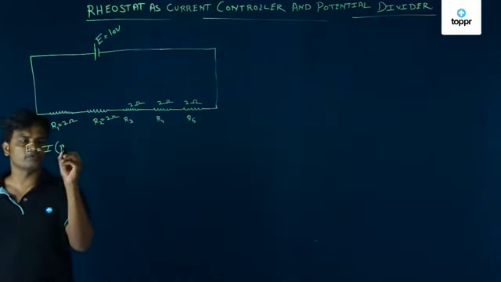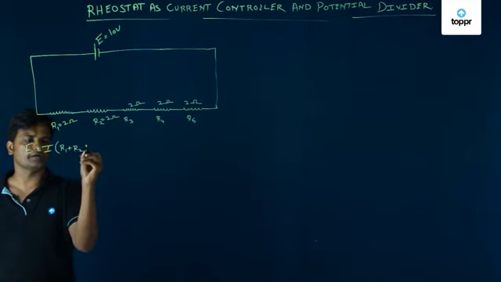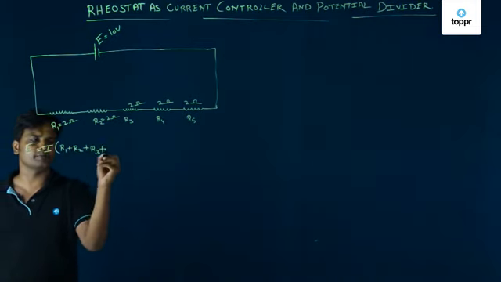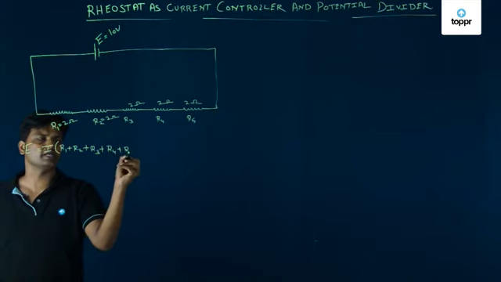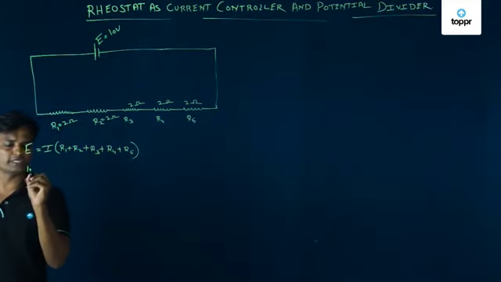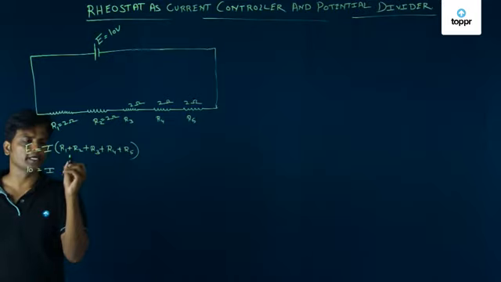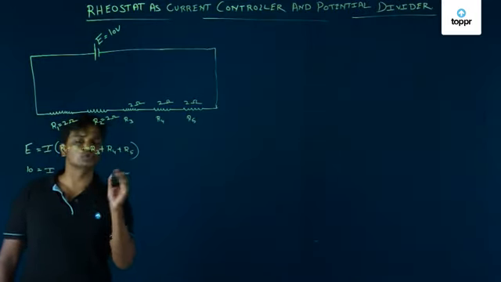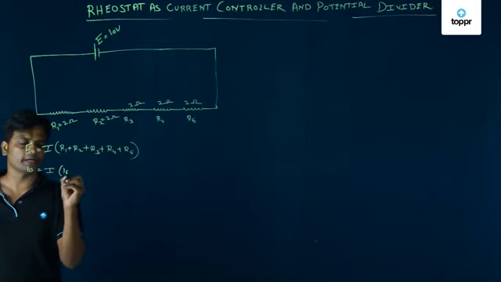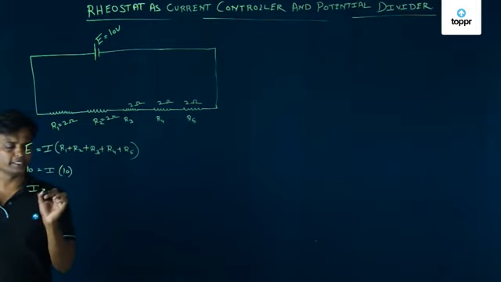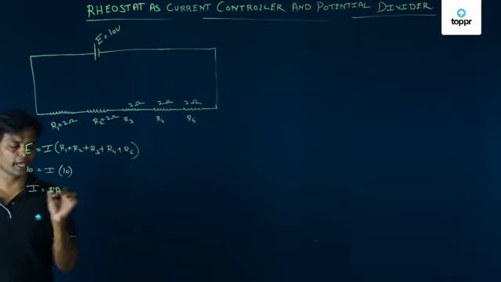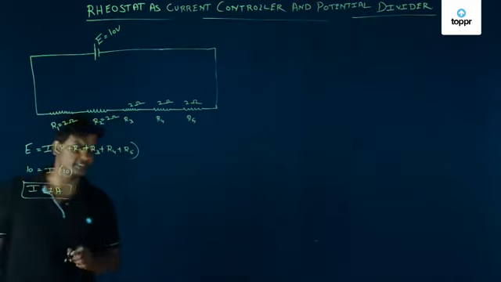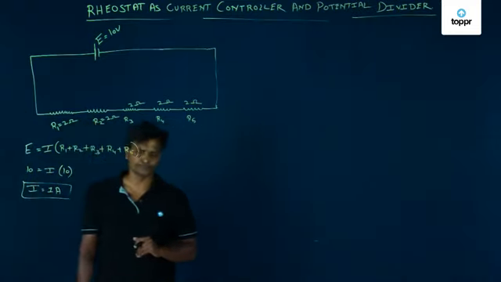So, equivalent resistance will be R1 plus R2 plus R3 plus R4 plus R5. So, 10 is equal to I into 2 times 5, which comes to 10. So, I is equal to 1 ampere. In this particular case, the current is 1 ampere.